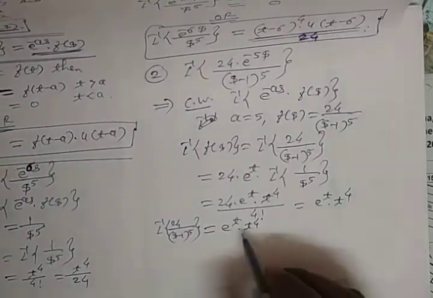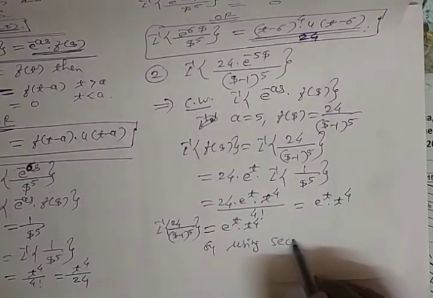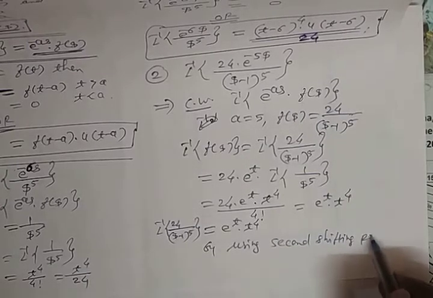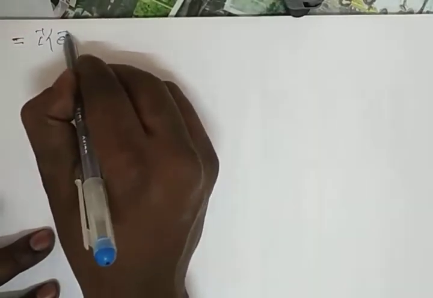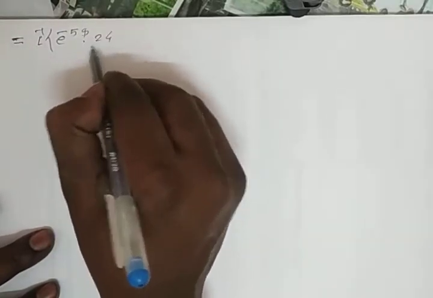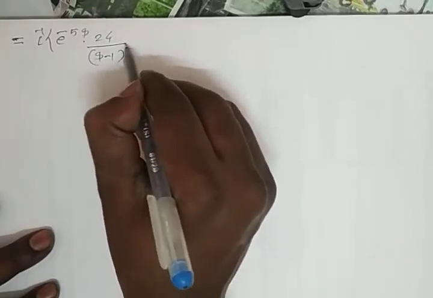Now by using second shifting property, we can write this as Laplace inverse of e raised to minus 5s into 24 upon s minus 1 raised to 5.